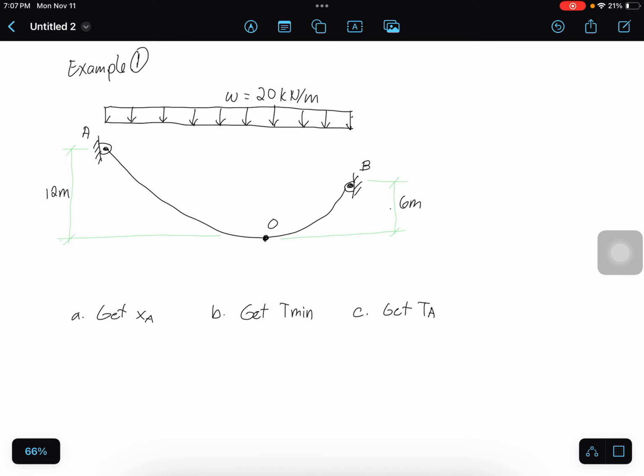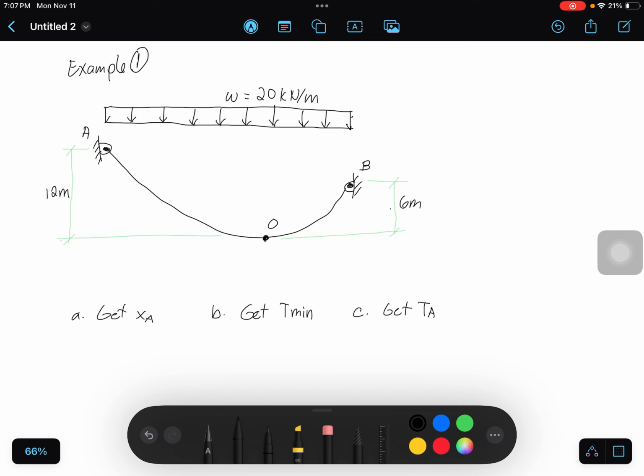So, meron tayong cable suspended from point A to point B. Lowest point niya, yung sag niya is at point O. So, merong height dimension from point A to point O, it's 12 meters. From point B to point O, height is 6 meters.